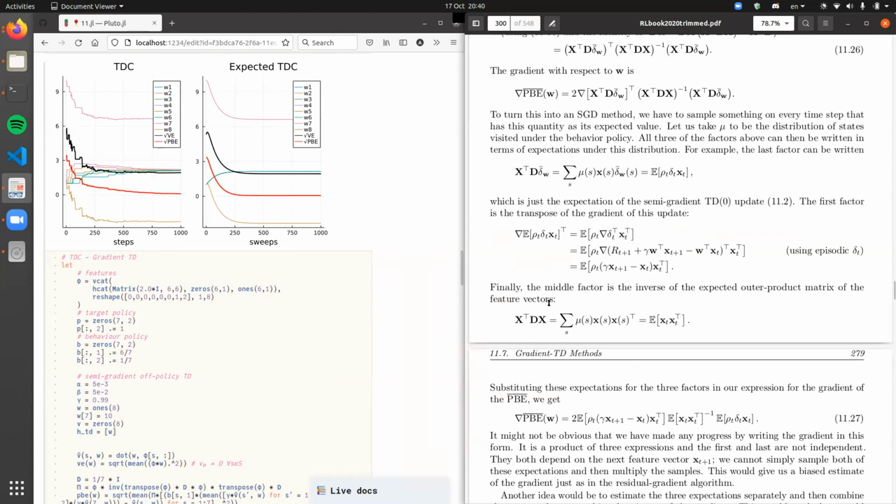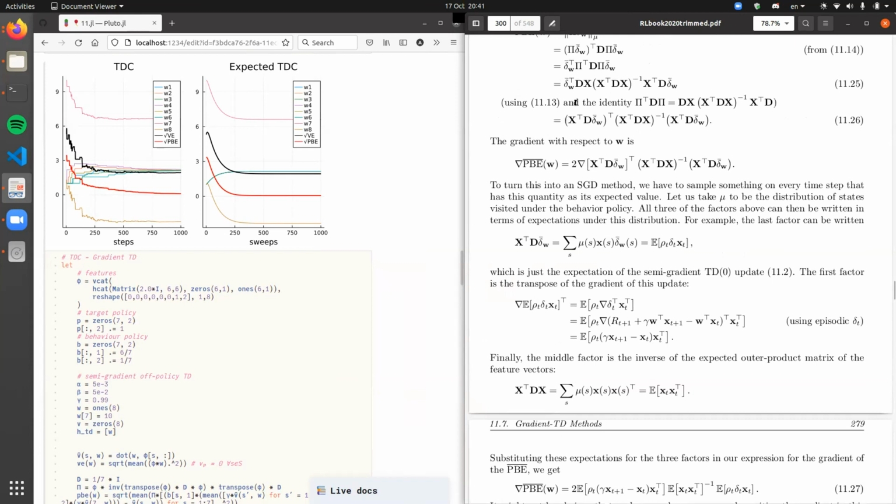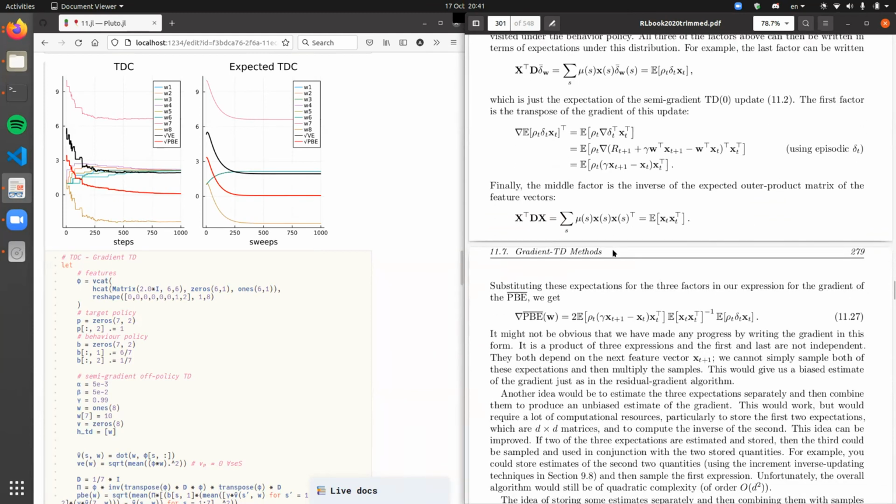We can find a gradient of that quantity, and also a gradient of that quantity transposed. We need it for this component, so we took a gradient of this right here, and now we write down this gradient in terms of three expectations.